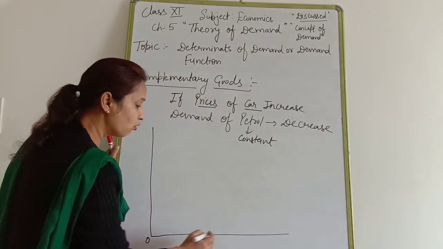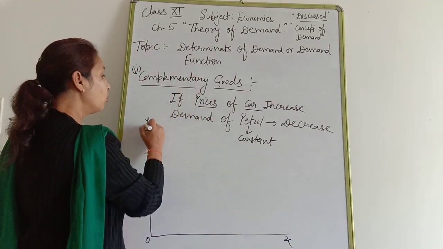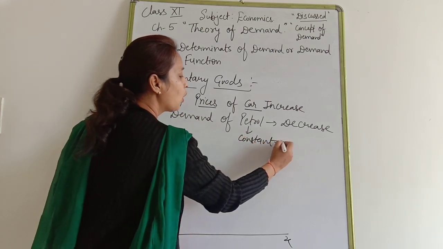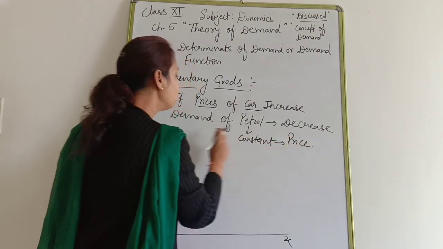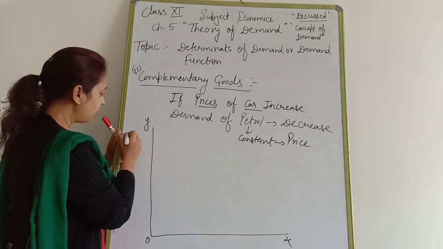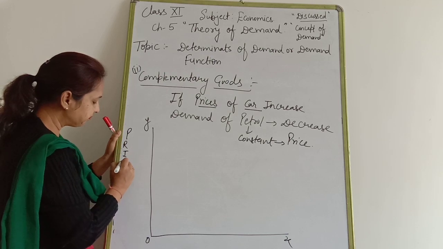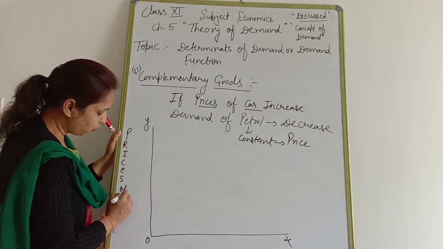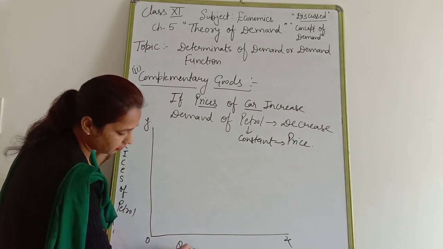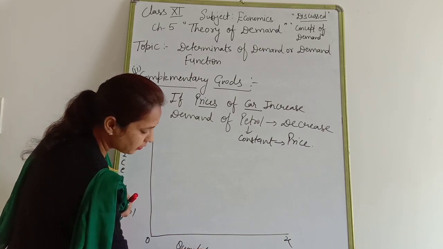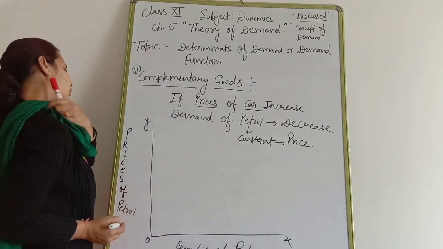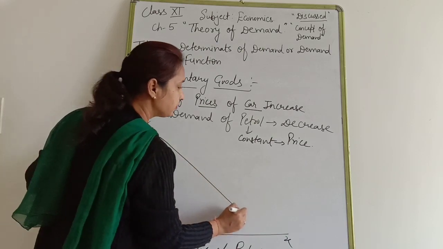Look at that. We are going to show this diagrammatically also. I told you we always draw the diagram of the good whose prices are constant. In this example, you can see the price of petrol is constant. Here we are going to take prices of petrol. Clear? Here we are going to take quantity of petrol. Now look at their DD demand curve.